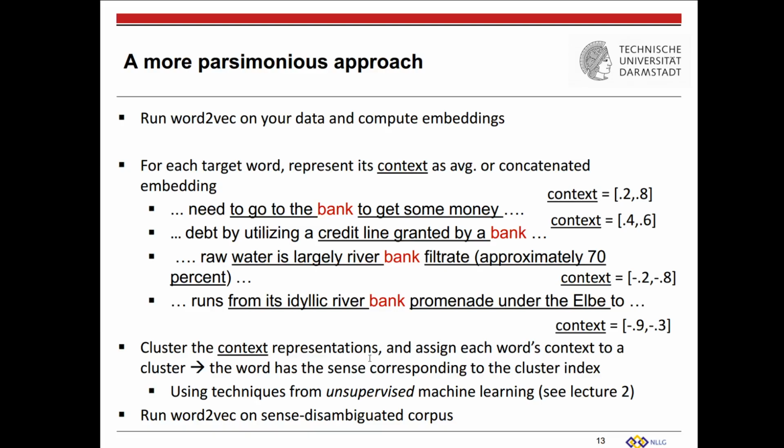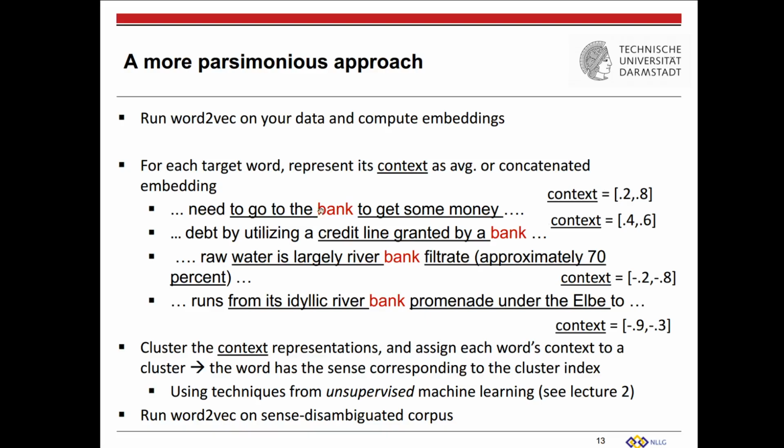So basically you have a high dimensional space with points in that space, and you want to unsupervisedly group those points into different categories. So you say, okay, here's a group of points that belong together, and here's another group of points that belong together. And you can use a clustering algorithm such as k-means, and you assign each word's context to a cluster. So intuitively, these two would have the same cluster index, and these two.